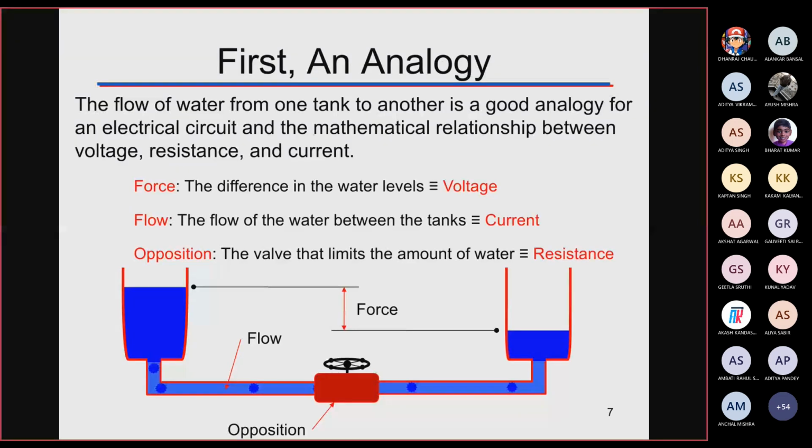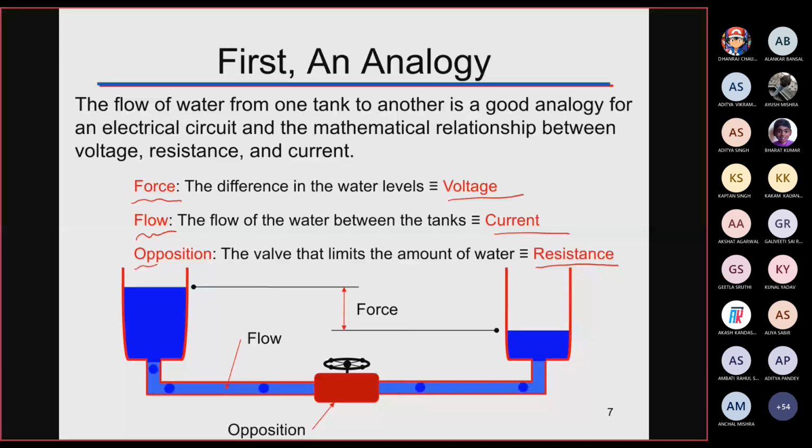Now, you can correlate these three quantities, voltage, current, and resistance, with some physical quantities like force or flow of something, maybe water in this case, and how the flow of water can be resisted.